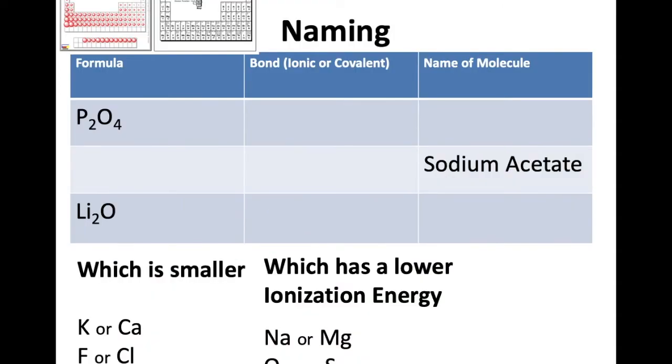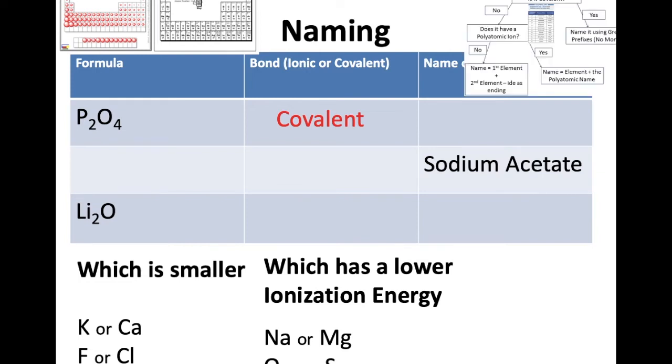Next, we're going to review the naming that we went over on our last lesson. So for the first one, we're going to start with a formula. We have P2O4, which is phosphorus, 2 of them, and 4 oxygen. First, we have to figure out, is it ionic or covalent? We know that it's covalent because phosphorus and oxygen are really close together on the periodic table, which means they're more likely to share their electrons.